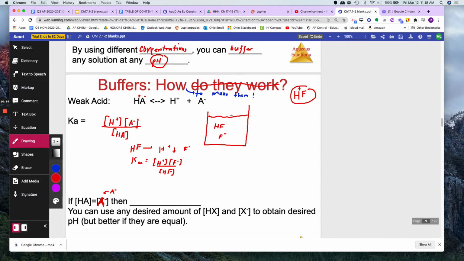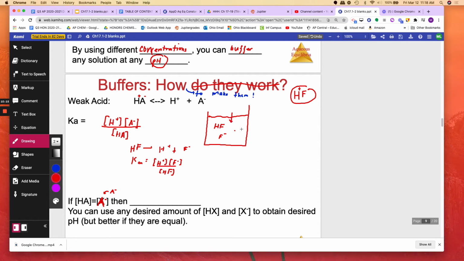If you put in the beaker equal amounts, okay, so you're gonna drop in equal amounts of this and this, the HF here will cancel with this. So your Ka will be equal to H plus, okay?